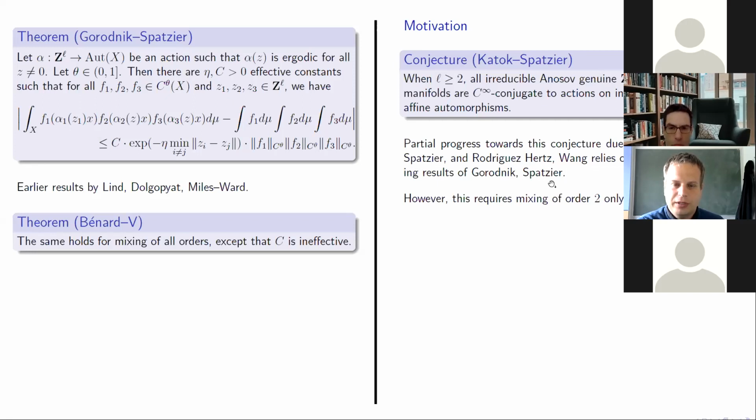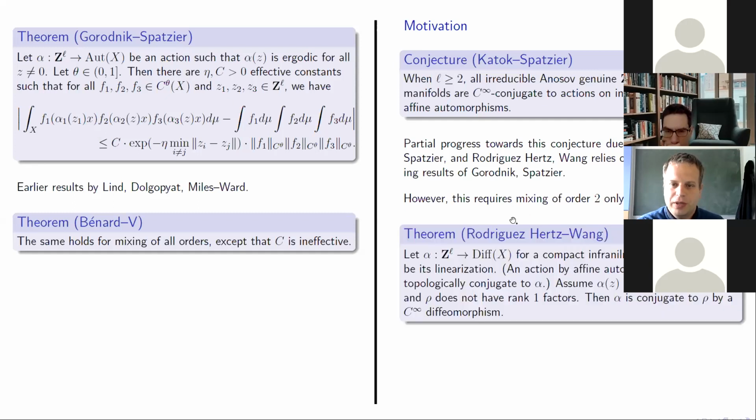However, this application only requires standard mixing, so mixing of order 2. So at this point, I don't really have an interesting application for the higher order mixing. But at least this shows that Z^l actions are interesting in this problem.